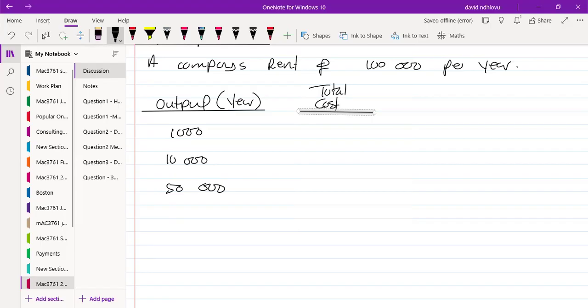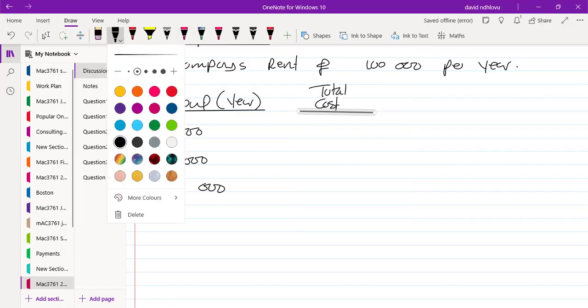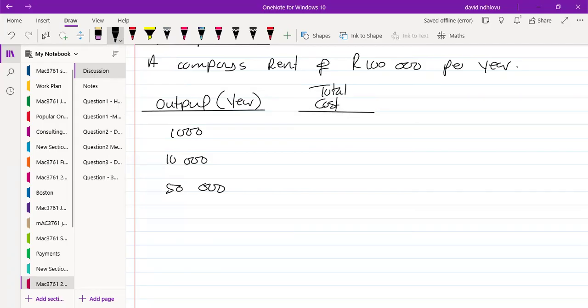For that particular space, we are being charged a total of 100,000 per annum. As long as we are still occupying the same size of space, we will be charged the same amount, which means the total cost, which is a fixed cost, will remain consistent at 100,000, regardless of changes in output.